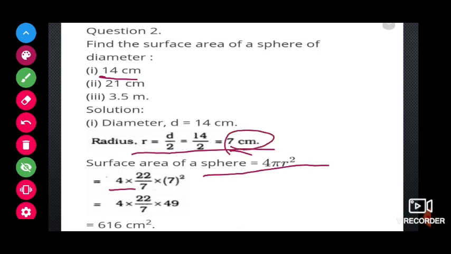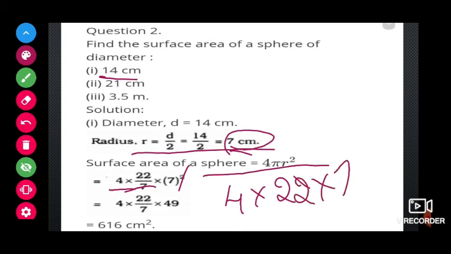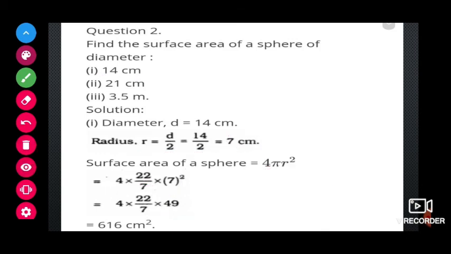Now here 7 and 7 we can cancel. So the remaining will be 4 into 22 into 7. Or else you can take 7 square as 49 and also cancel. If we multiply, we will get 616 centimeters square.